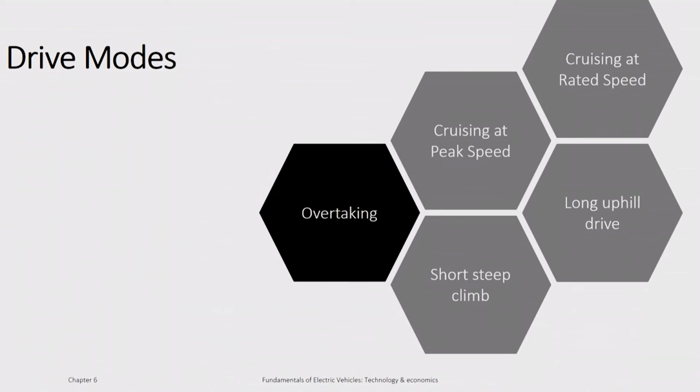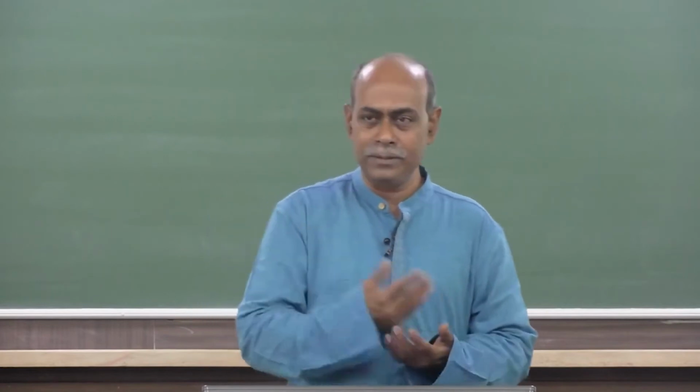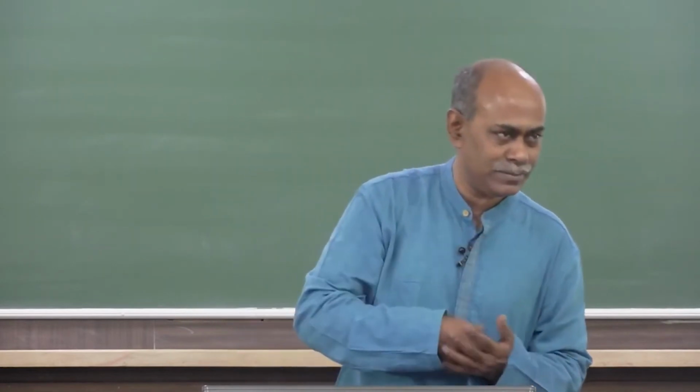And another challenging context for a motor is when the vehicle is already going at a fairly high speed, and in front of my vehicle there is another vehicle which is going at approximately the same speed, slightly faster or slightly slower, but I want to overtake that vehicle and get ahead of it.